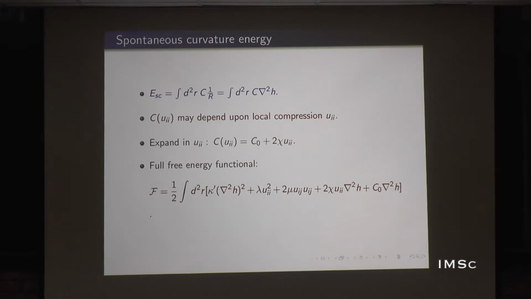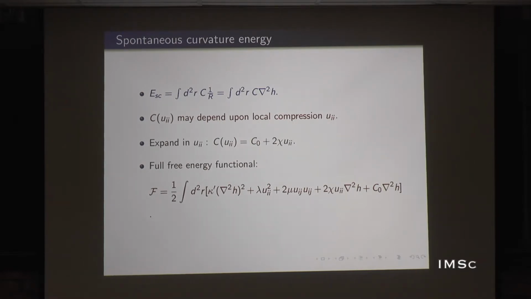power of h. However, this coefficient, the spontaneous curvature coefficient, can depend on the local compression, because you can imagine if there is a network attached to it, it can help or prevent the local tendency to buckle, to go one way or the other. So you can expand this coefficient assuming small in-plane distortion in this form.